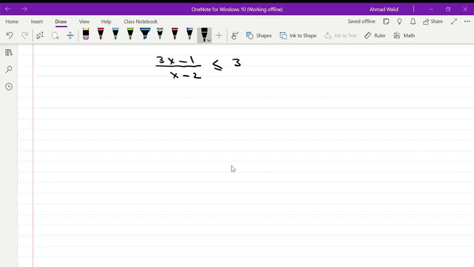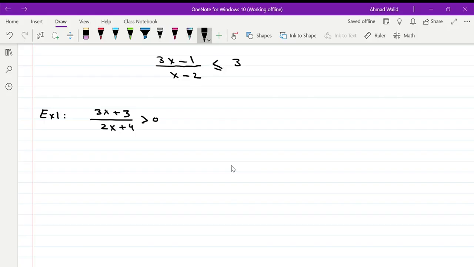Let's copy this one. 3x plus 3 over 2x plus 4 greater than 0. Your step 1 was to bring everything in one side and make the other side 0, which in example number 1, you don't have a step 1 because everything is already in one side and the right side is already 0, correct?